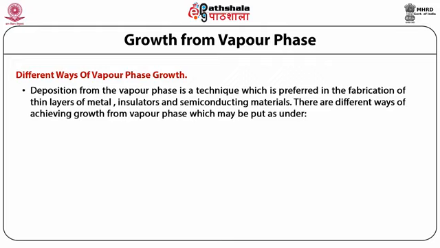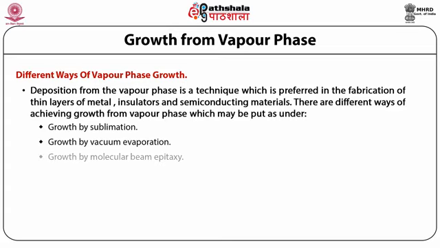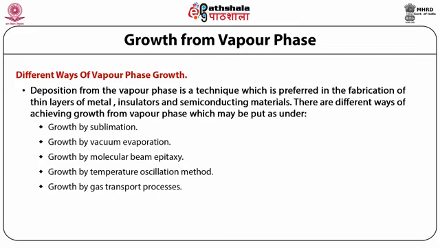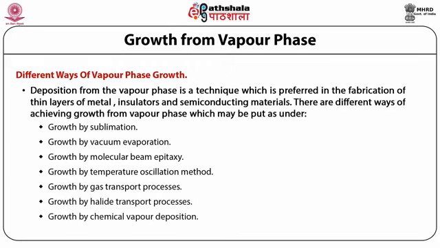There are different ways of achieving growth from vapor phase which may be put as under: growth by sublimation, growth by vacuum evaporation, growth by molecular beam epitaxy, growth by temperature oscillation method, growth by gas transport processes, growth by halide transport processes, growth by chemical vapor deposition, growth by vapor phase epitaxy.